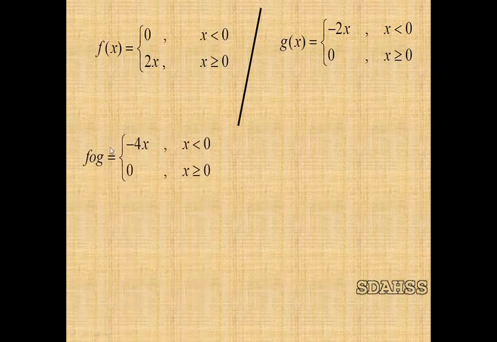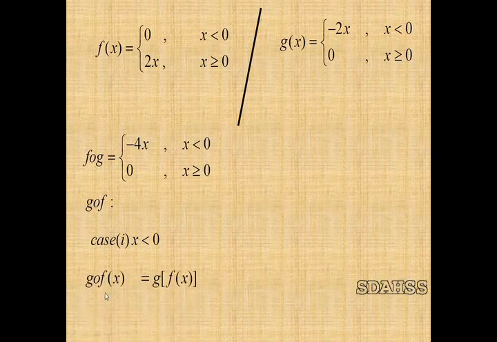Now we want to find g dot f. Here also there are two cases. First case is x less than 0, and the second case is x greater than or equal to 0. First case x less than 0, g dot f of x is equal to g of f of x.